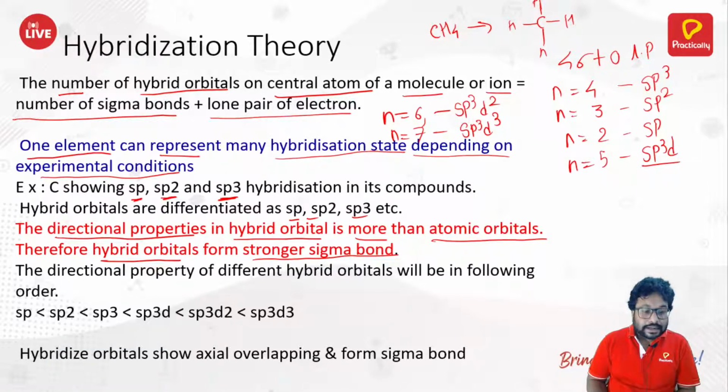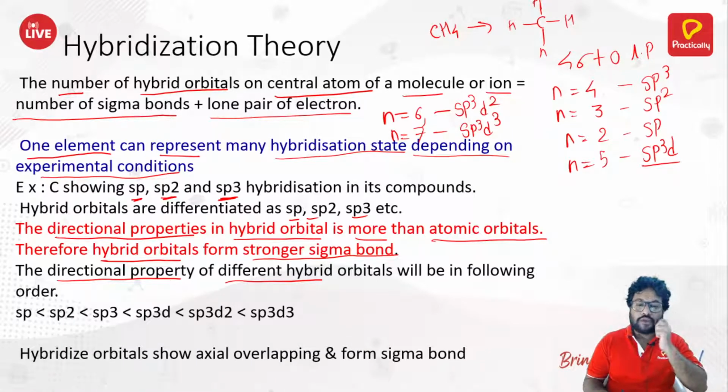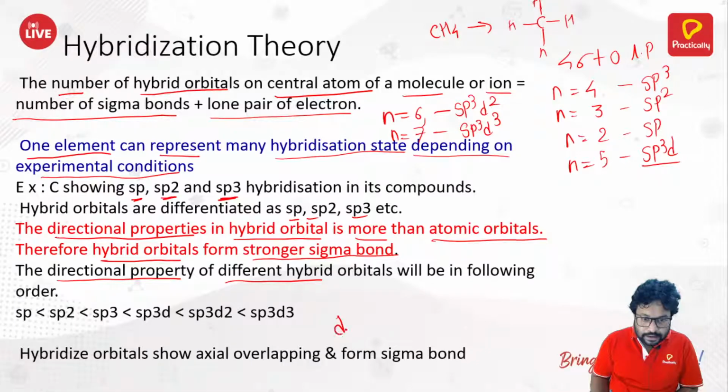Again here, the directional property of different hybrid orbitals will be in the following order. Now again, as I told you earlier, higher the number of directional orbitals, stronger would be the overlap. In sp3d3 you have p as a directional orbital and d also is a directional orbital. We had seen that. So out of 7 you got 6 directional orbitals.